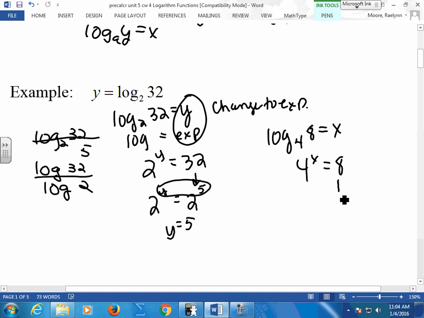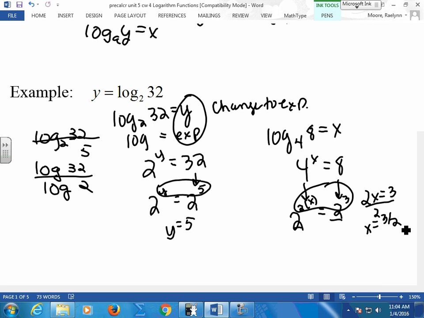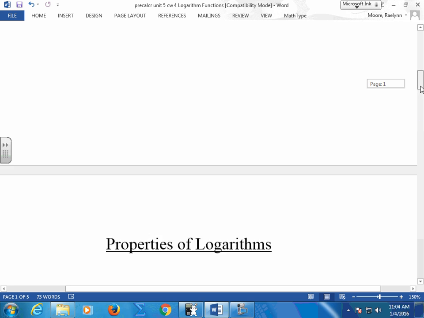So in this case, I have to bring them down to a common base: 2 squared times x, and 2 to the third. Once they're in a common base, then I can set the exponents equal to each other and find out what my x was. Remember doing that? We did this a lot in Algebra 2. I don't think they moved the logs out of Algebra 2 yet, thankfully.